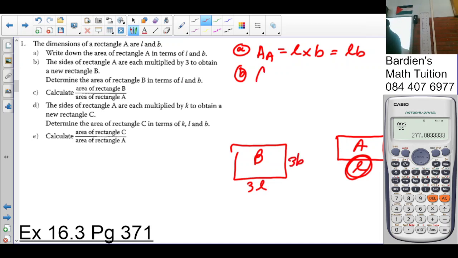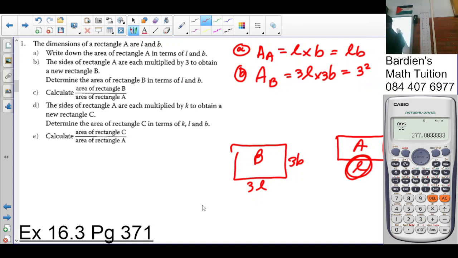So what is the area of rectangle B? 3L times 3B, which is 3 squared LB. Or you could have written 9LB. LB, BL is the same.